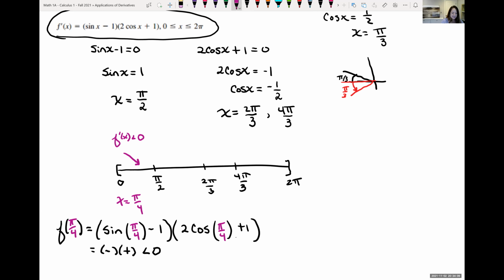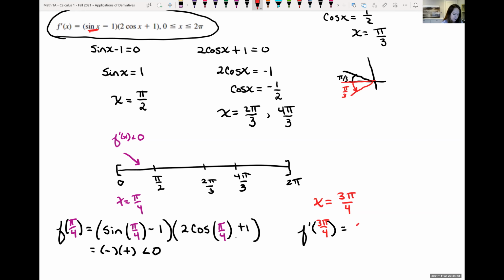So let's look at something between pi halves and 2 pi thirds. How about 3 pi fourths? Plugging it back into our derivative function, again, we're only worried about whether it is positive or negative. Sine of 3 pi fourths is the same as sine of pi fourths, root 2 over 2, minus 1.